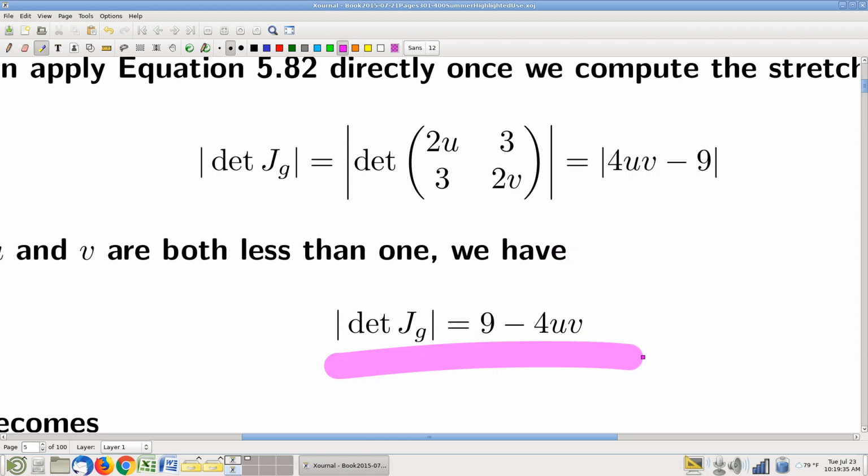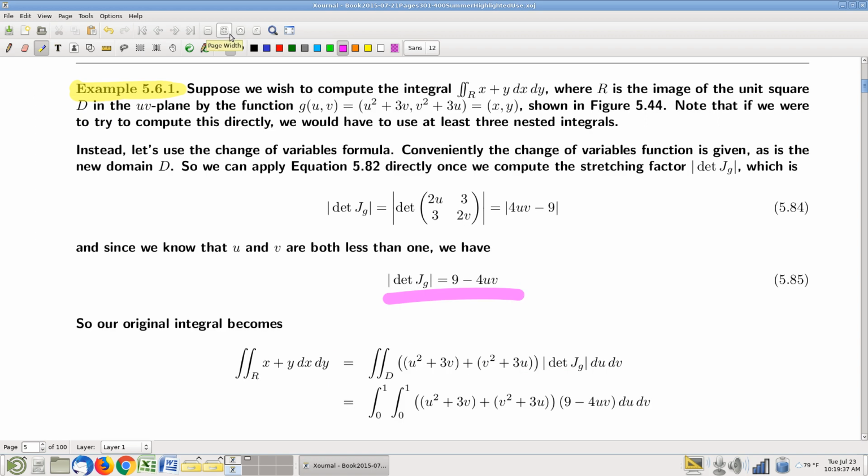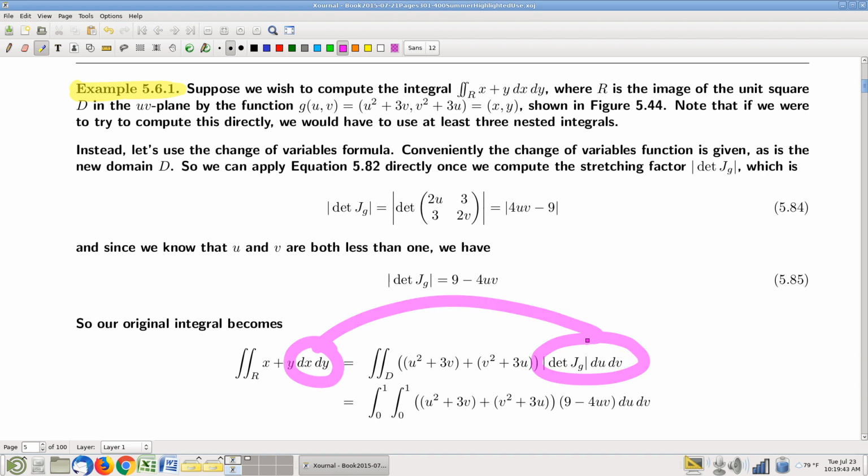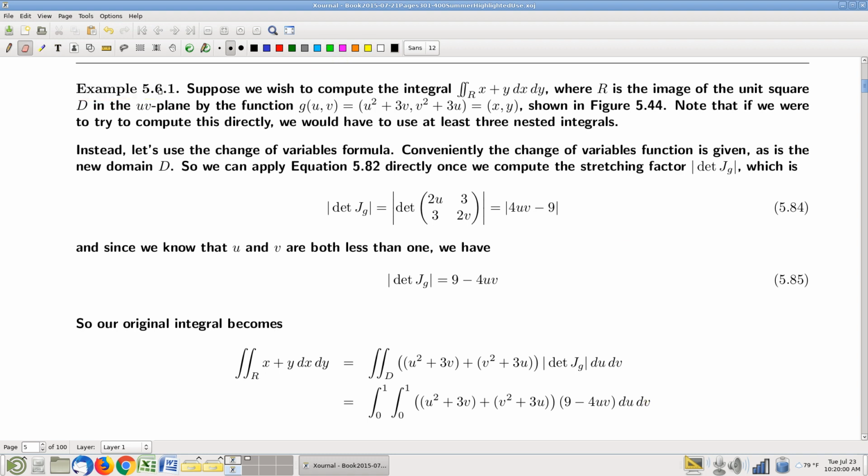So there's our stretching factor. And here we go. dx dy equals stretching factor times du dv. We just computed this stretching factor there. Now, what do we do about the x and the y?